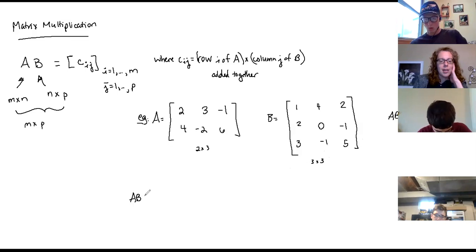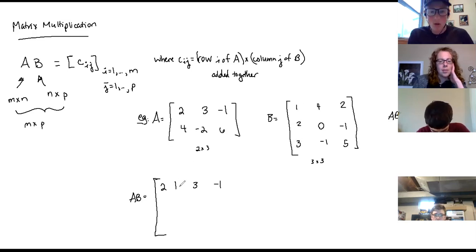All right, so here we go. A times B. First up, row 1, column 1. That's going to be row 1 from A, so 2, 3, negative 1, and column 1 from B, so 1, 2, 3.